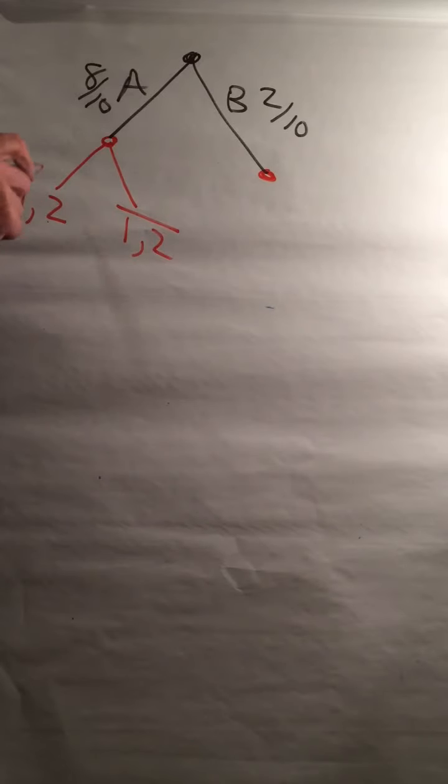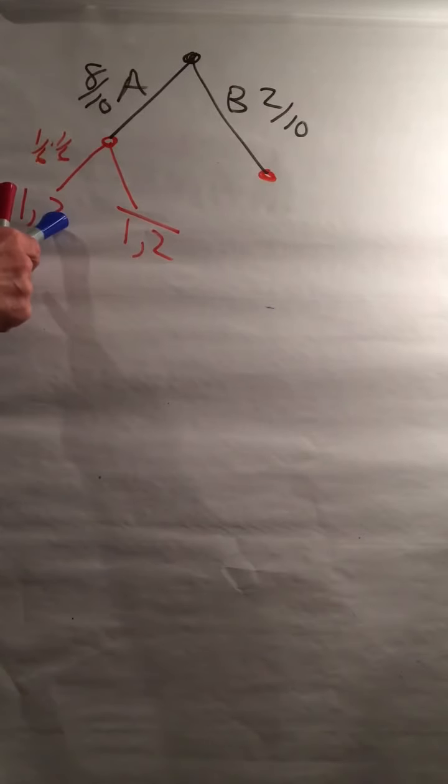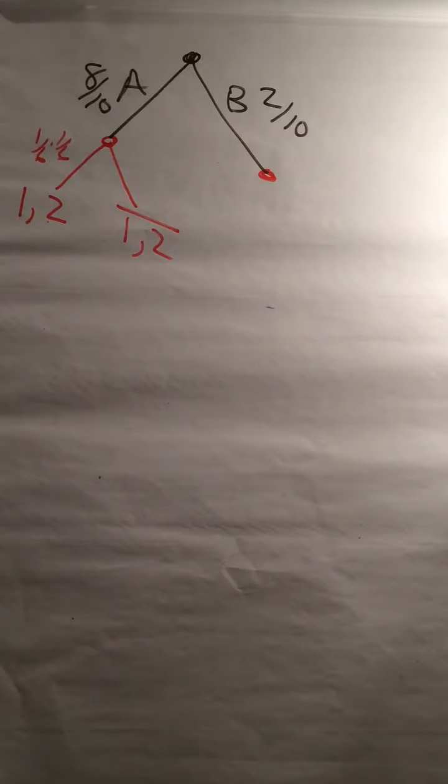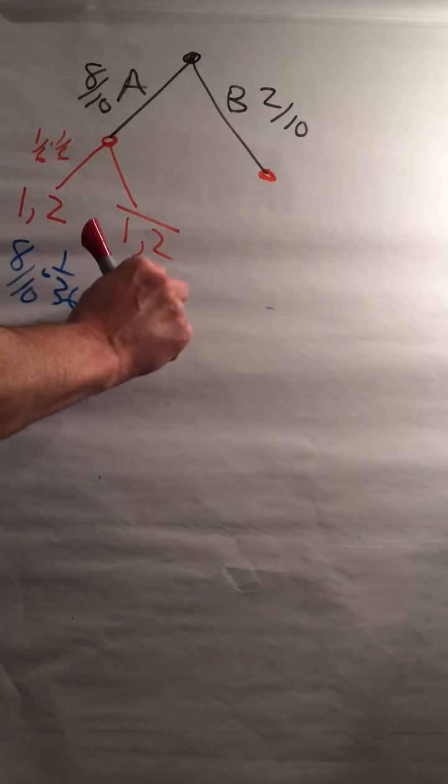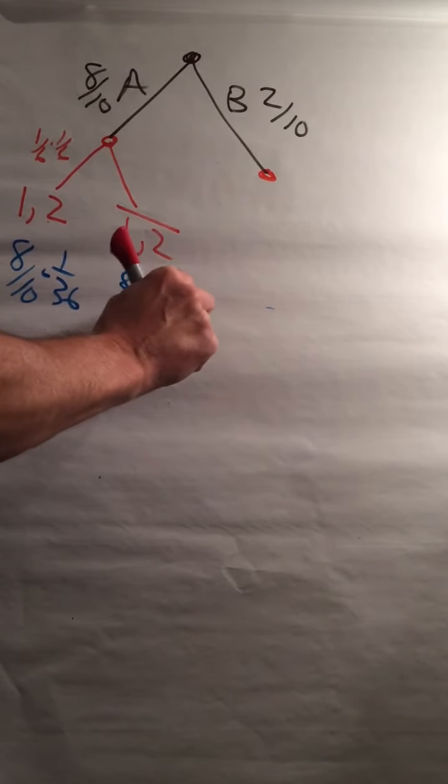So the probability of getting a 1 1 is 1 over 6 times 1 over 6. And the probability of getting a 1 and a 2, given that we drew from the regular, is 8 over 10 times 1 over 36. And then this is also 8 over 10 times 35 over 36.